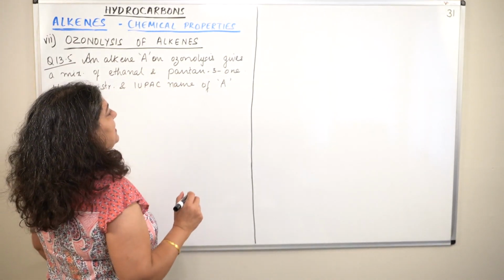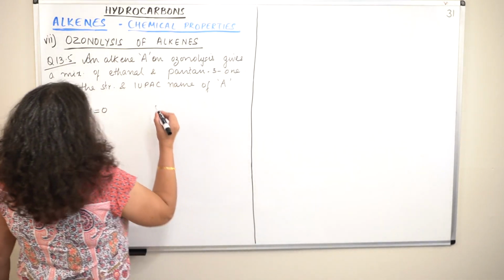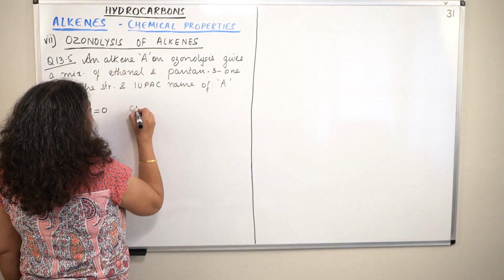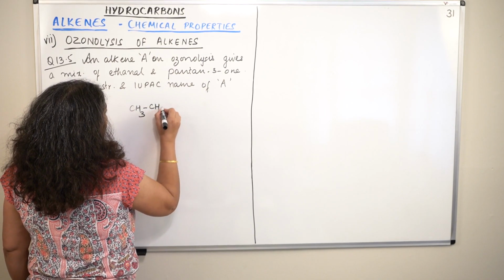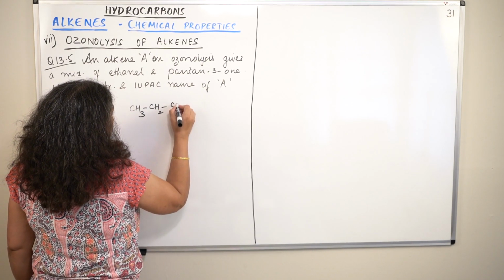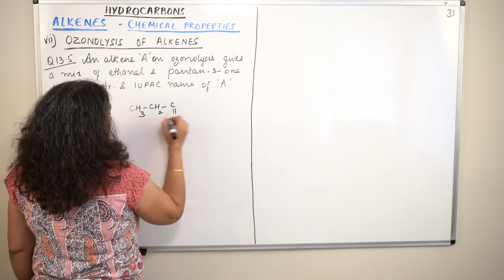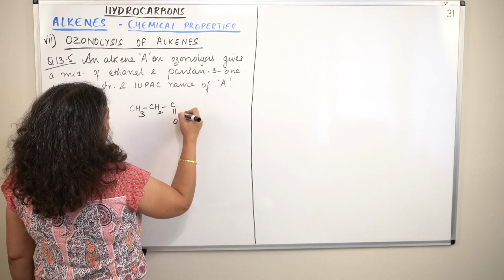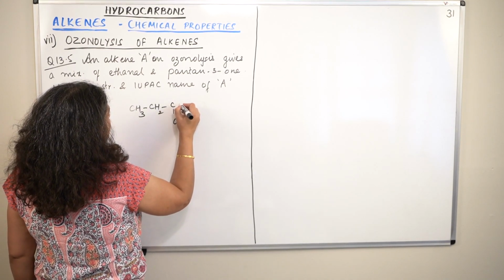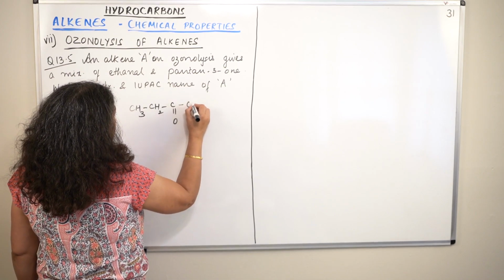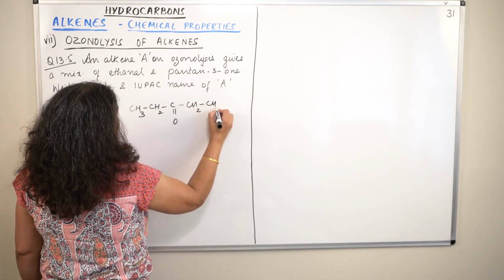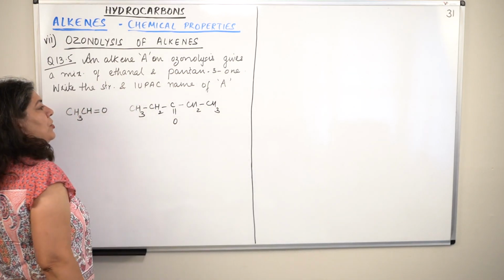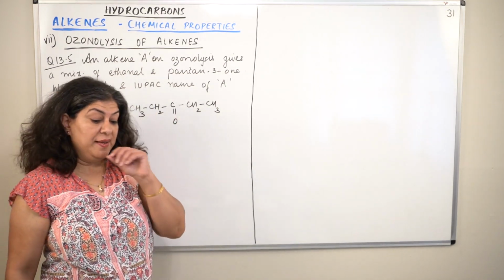And the second is pentan-3-one. So pentane: CH3, CH2, C. Here the third carbon has the bond with oxygen, pentan-3-one. So it is CH2 and CH3. Yeah. So this is pentan-3-one.